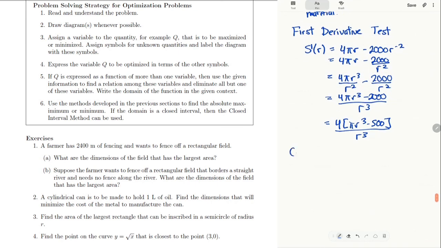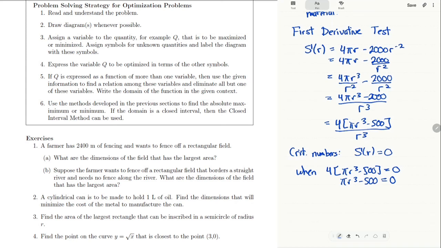Now let's look for the critical numbers. We'll set the derivative equal to 0 and then solve for r. The derivative is 0 if the numerator is equal to 0. So that gives us 4 pi r cubed minus 500 equals 0.